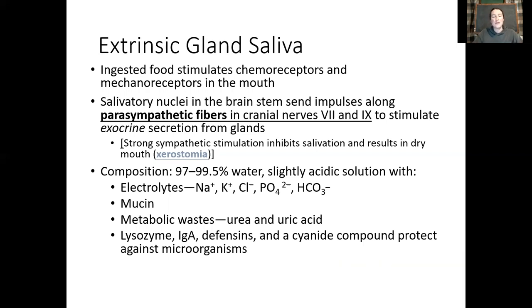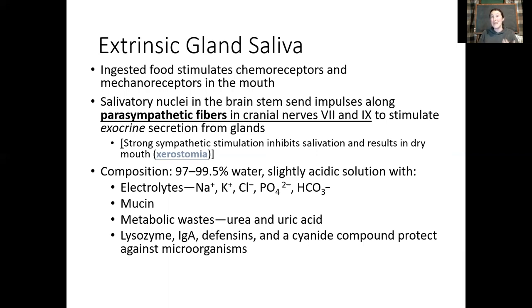And actually, before we talk about these, I want to briefly mention that strong sympathetic stimulation is going to inhibit the release of all of these different things, right? So sometimes when you are stressed out, when you are panicked, when all of a sudden you think you're getting stopped by a cop or something, oh my gosh, that's a sympathetic nervous system, and your mouth goes dry. And so the sympathetic nervous system is the fight or flight.